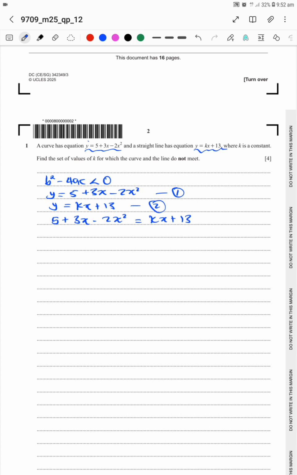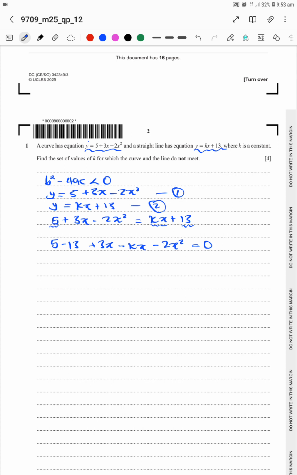So from here we can group like terms. If we bring this 13 over to join the 5, that means we are subtracting 13 from both sides of the equation. We will get 5 minus 13 plus 3x, and also if we subtract kx from both sides, we will have minus kx, then minus 2x squared, and this is equal to 0, because kx and 13 have been sent to the other side.